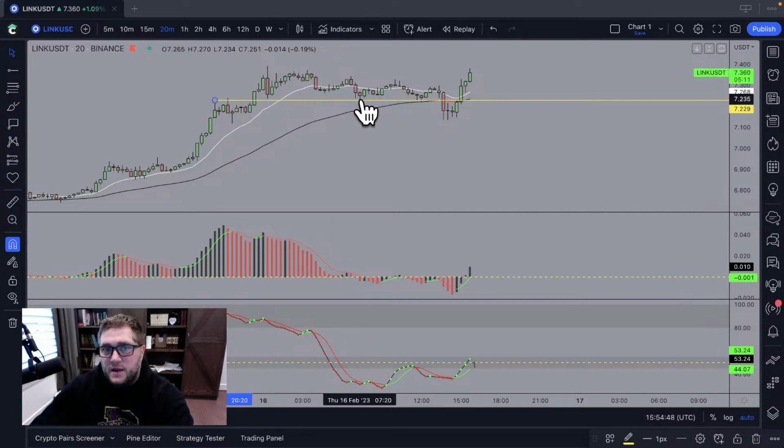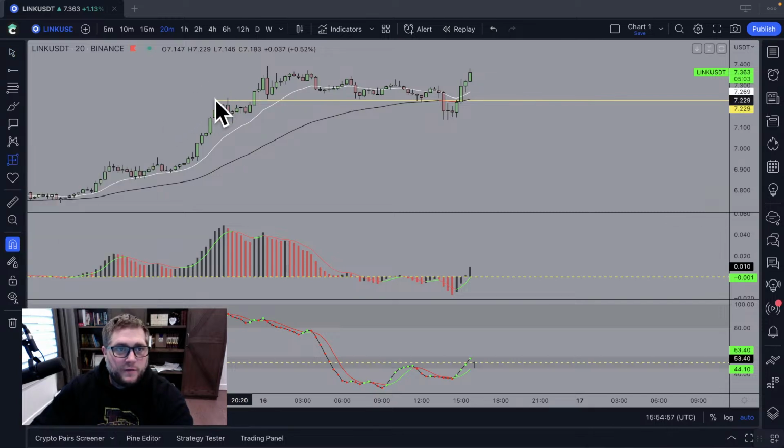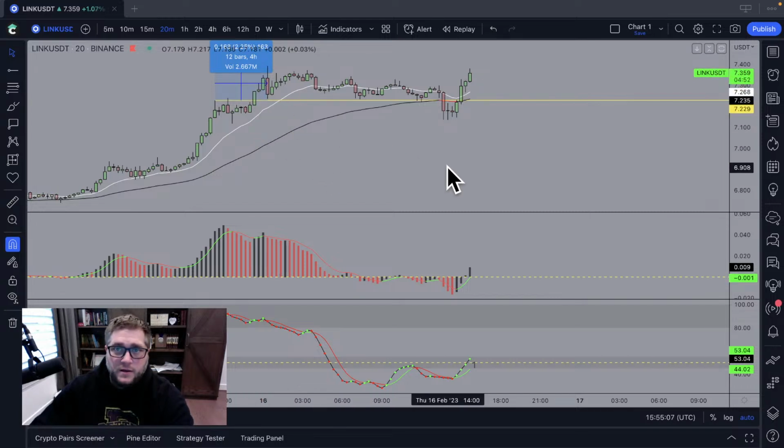And look what happens. It comes down here, touches it once, twice, three times. So no matter where you took that position, you made money off of it. From the top to the top, it's 2.25%. So if you would have seen this divergence, you were able to take that position and ride it down, because you know that the divergence always 100% completes itself.